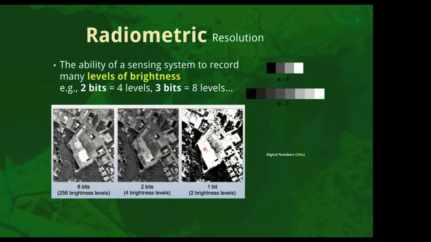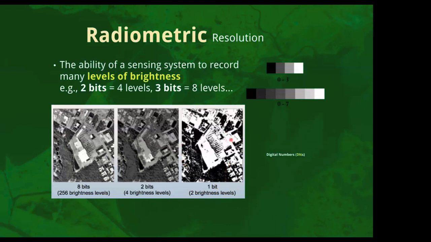So in the example images here, the first one, 8 bits, is the 8th power of 2, so that represents 256 brightness levels. The second example, 2 bits, 4 levels, and the last one is a bit extreme: 1 bit represents 2 different brightness levels.